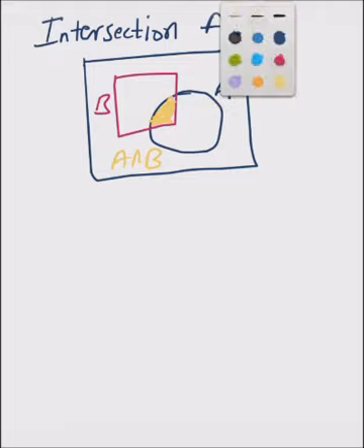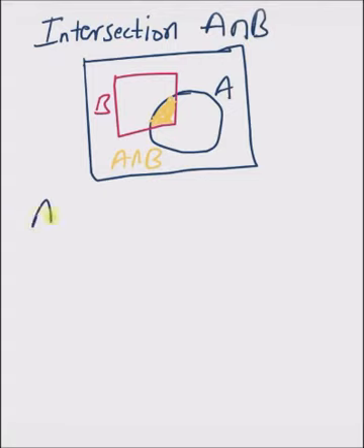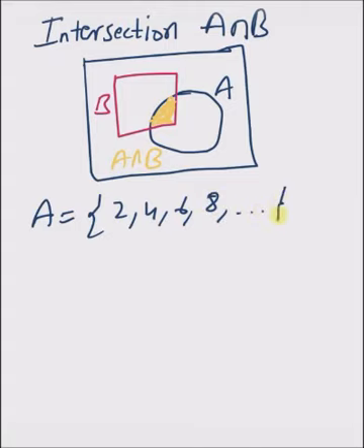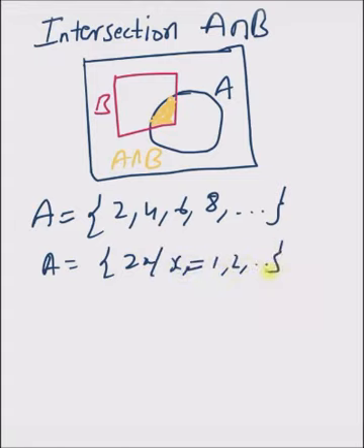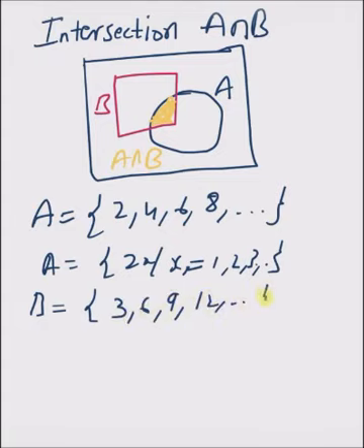So in terms of a good example, let us define a set A which consists of all the even numbers. That is, A is the set of all even numbers 2x where x equals 1, 2, 3. And B is the set of multiples of 3. That is 3, 6, 9, 12 and so on.